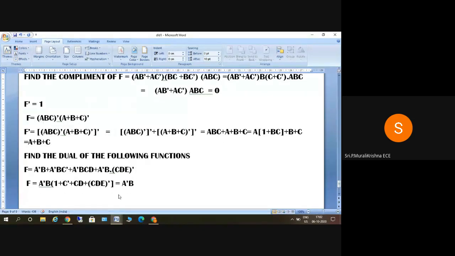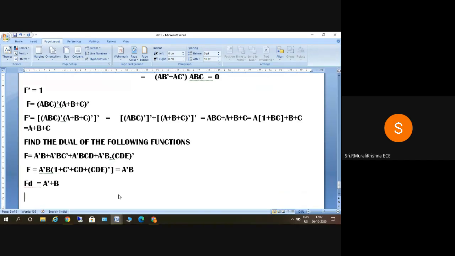If I want to find the dual, change dot to plus and plus to dot. That is the duality, which is nothing but A bar plus B.